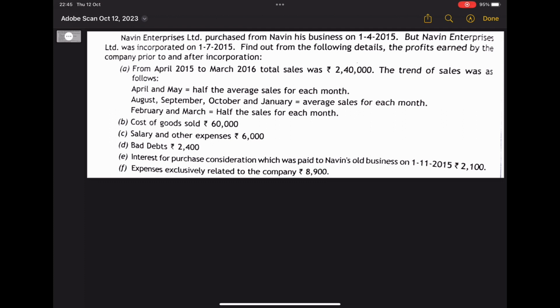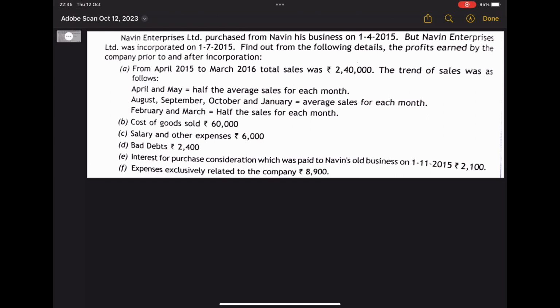Here they have given us particular month sales information, based on average monthly sales, and we are going to calculate it. So I'll work out the working note of sales ratio, then you will get to know the things easily. So the first point is fully related to sales ratio.